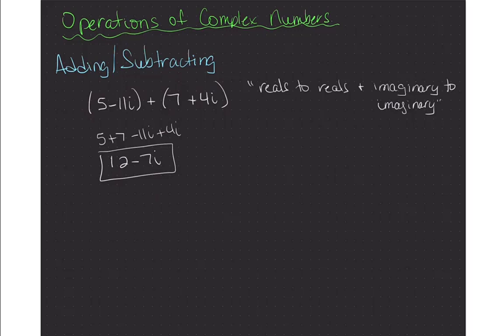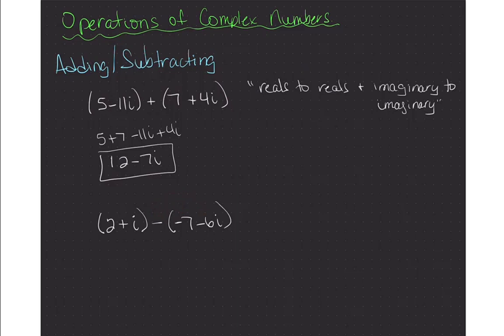The same concept applies when you go to subtract. So if we were to subtract two complex numbers, let's say we had 2 plus i minus, let's go negative 7 minus 6i, just to make it nice and complicated for you guys. When it comes to subtracting, it's no different than when we were subtracting polynomials. The biggest mistake we make is forgetting to take that negative to everybody.